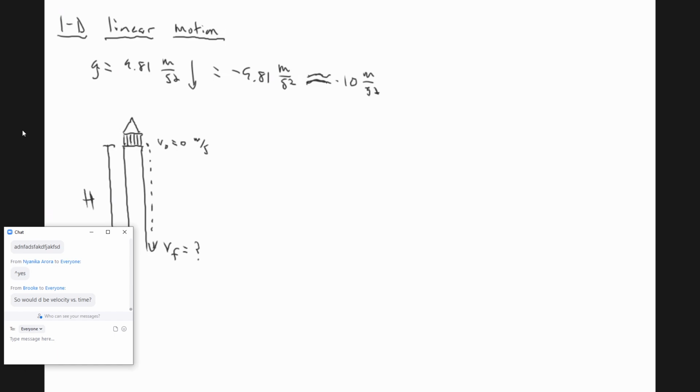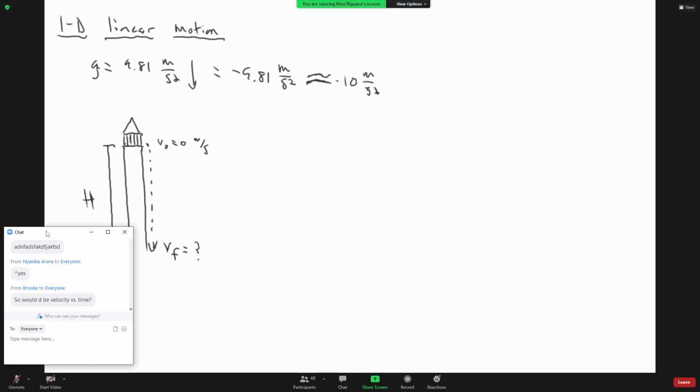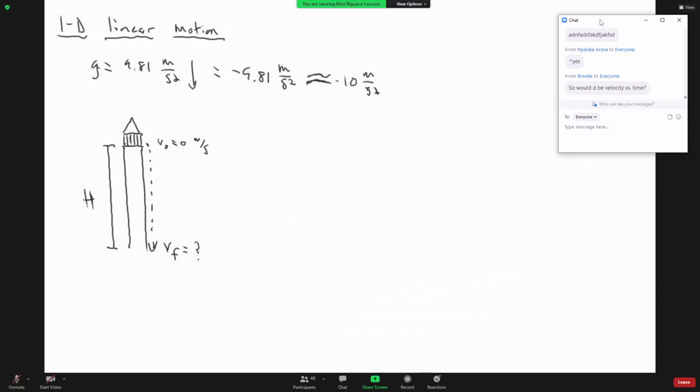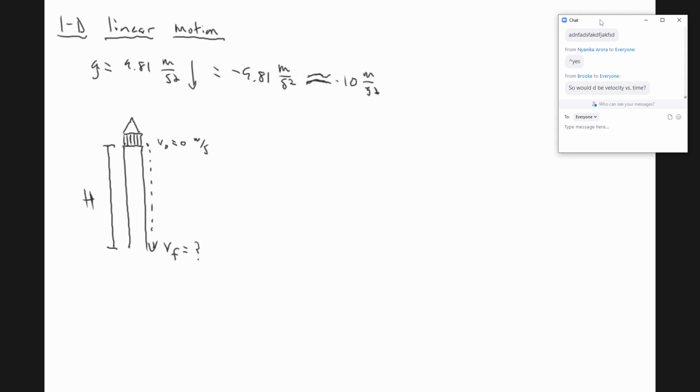But it's much easier, right? It's easier to write g than it is to write 10 or 9.81. It's easier to write h instead of like 102 meters. So write the variables only. It might be difficult for some of you, but it's always good.